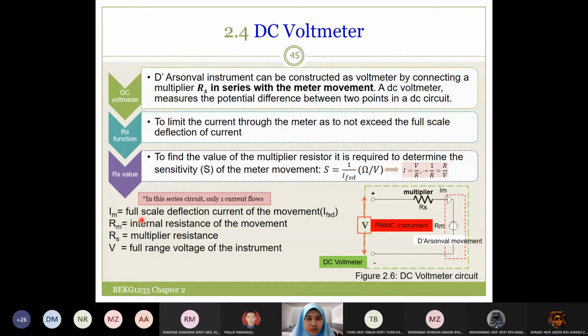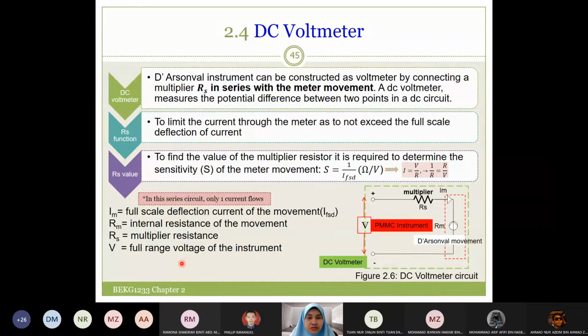As usual, IM is equal to IFSD. It is the current that flows through the meter, and the same current flows through the RS and the whole circuit. RM is the internal resistance of the movement. RS is the multiplier resistance or series resistance.